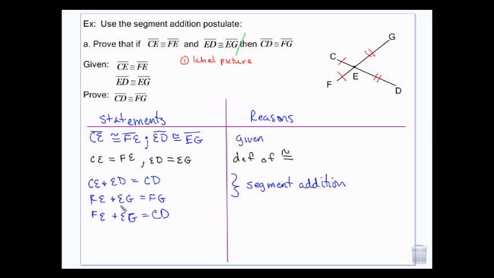Like, because it'll be the lengths, right? So this length and this length are the same, so I can interchange them. And these two lengths are the same, so I could interchange them. So that's substitution.